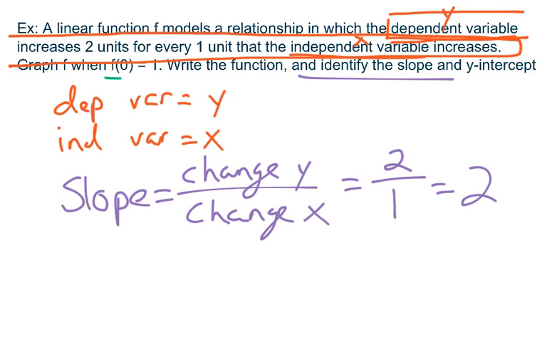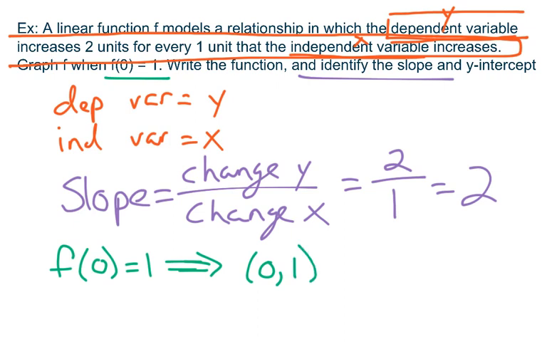Now this f of 0 equals 1. If you remember from function notation, what that means is that the x value is 0 and the y value is 1. And if the x value is 0, that means we're on the y-axis. This is the y-intercept. The y-intercept is right there, positive 1.